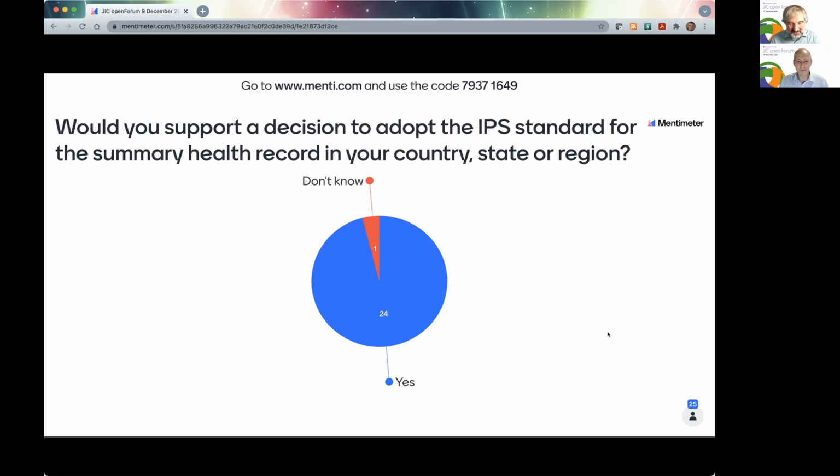Yeah, full agreement. And I think from what we see happening is that the IPS is the topic where there's a lot of alignment around it, and also the GDHP has taken it up as a work item to drive forward the adoption globally of the IPS. For me, the IPS is really a template for how standards development should be done in the future.